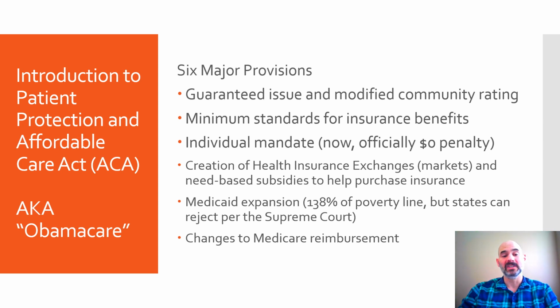The Medicaid expansion was another really controversial part of Obamacare, where they increased the threshold to qualify for Medicaid, health insurance for the impoverished, all the way up to 138% of the poverty line.